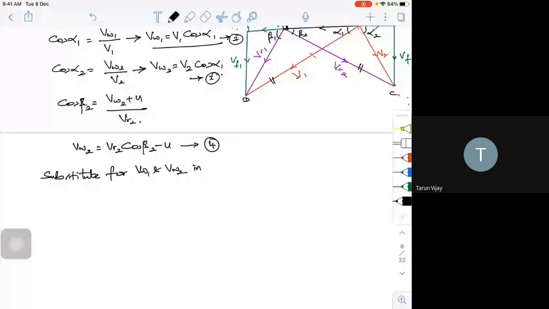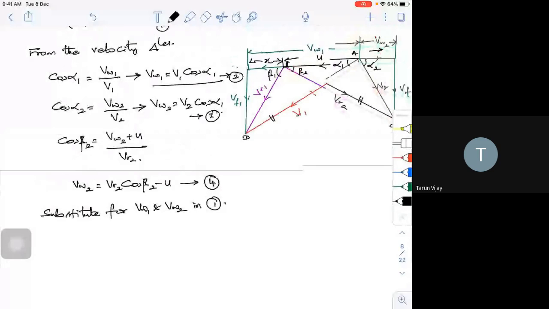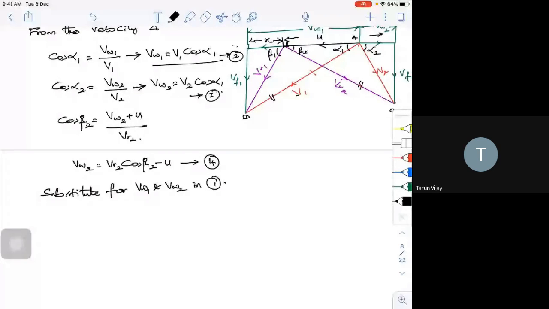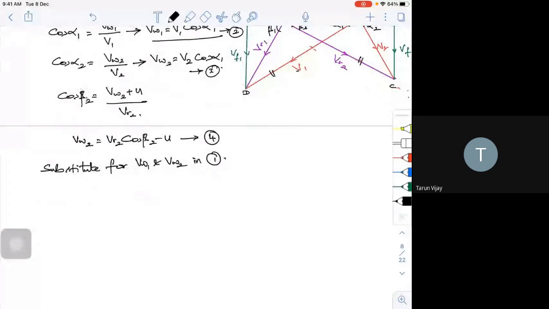If I do that, your VW1 is equal to V1 cos alpha 1 and your VW2 is equal to VR2 cos beta 2 minus U. So your expression W will be equal to V1 cos alpha 1 plus VR2 cos beta 2 minus U, into U. Let me call this equation number.